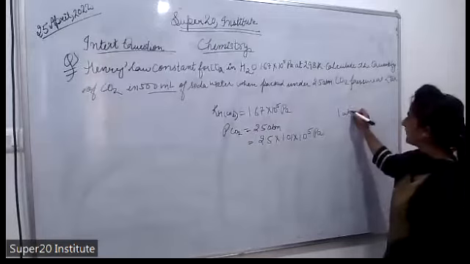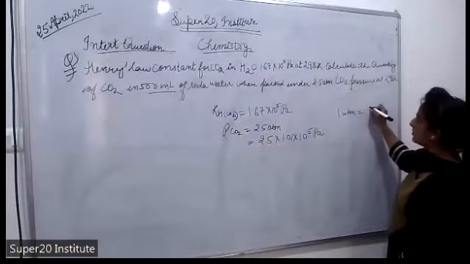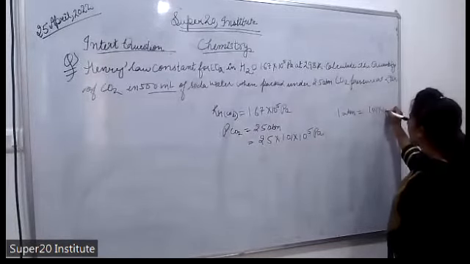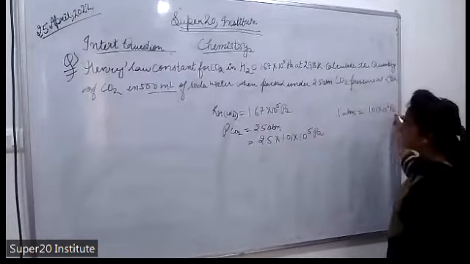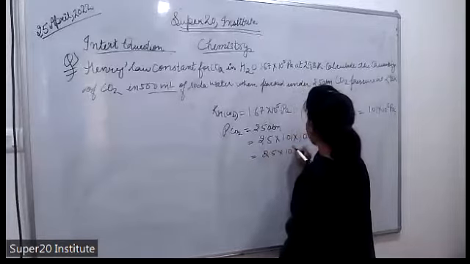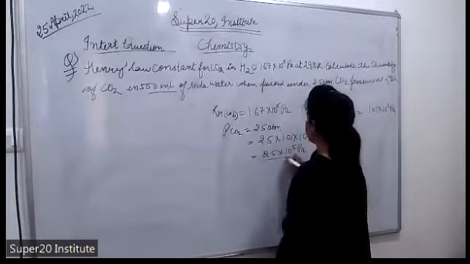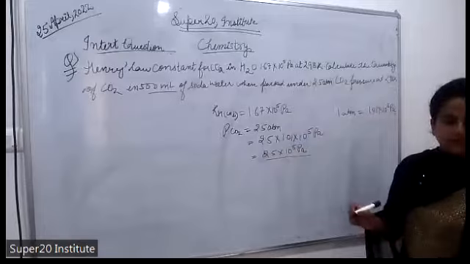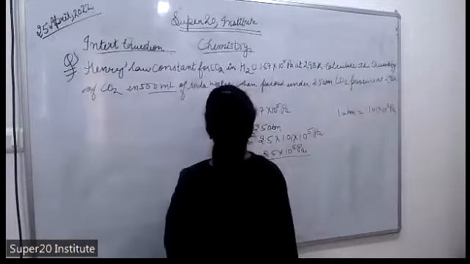Here, 1 atmosphere is equal to 1.01 into 10 raised to power 5 Pascal. So 2.5 atmosphere is about 2.5 into 10 raised to power 5 Pascal. Now, what is Henry's law?